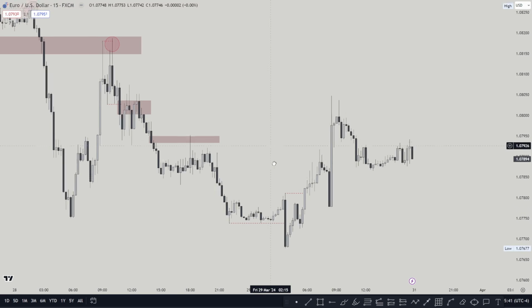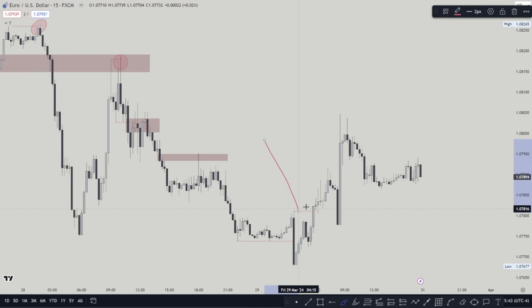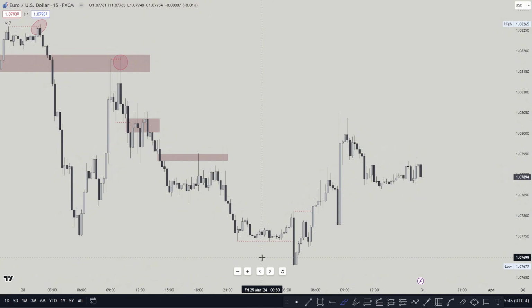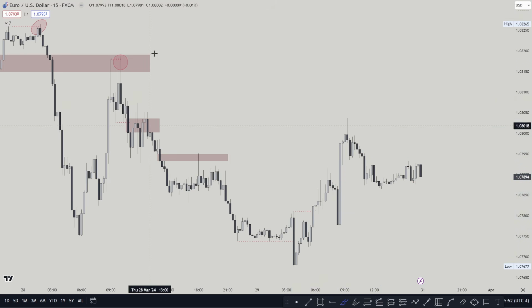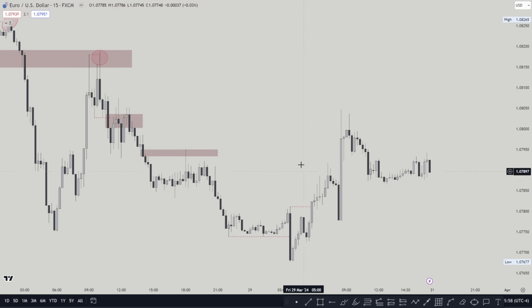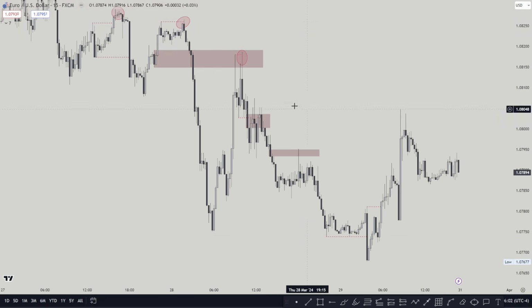That's an internal market structure. So we have an internal market structure, but still we could be going up to where? To this range and react from it going lower, because that's our main range. That's an internal one. Until we actually make another major low, we're still not in a bullish market, but the main market structure is still bearish.